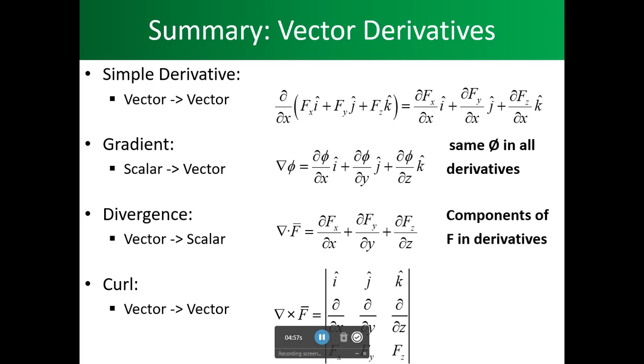So clearly remember there are 4 different types of vector derivatives. Simple derivatives keep it a vector, which matches with your curl, but that's for the cross product. Your gradient will convert a scalar to a vector, and a divergence is going to convert a vector to a scalar.